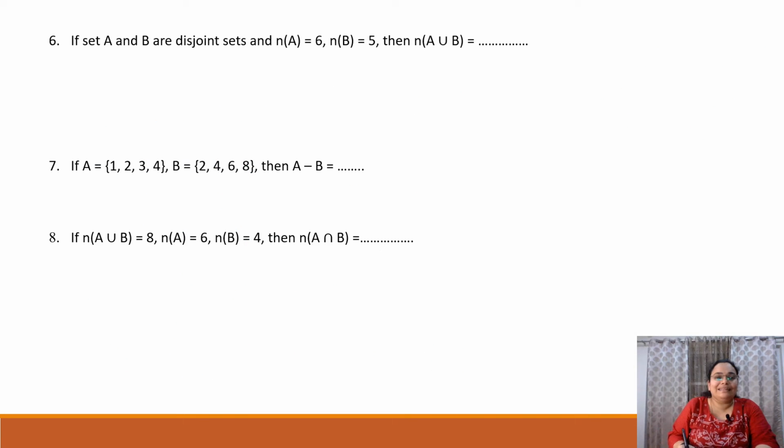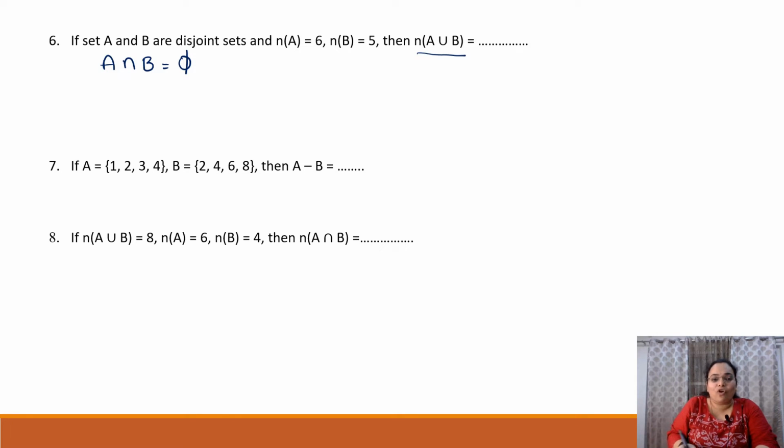Okay. The next one is, if sets A and B are disjoint sets and n of A is 6, n of B is 5, then we need to find n of A union B. We know that if sets A and B are disjoint sets, then A intersection B will be your null set.